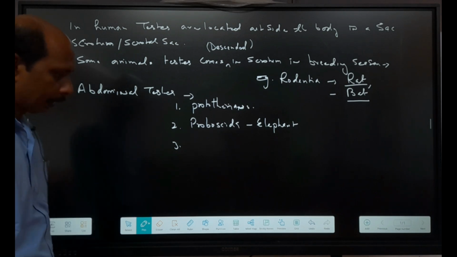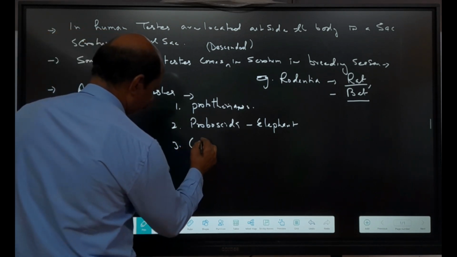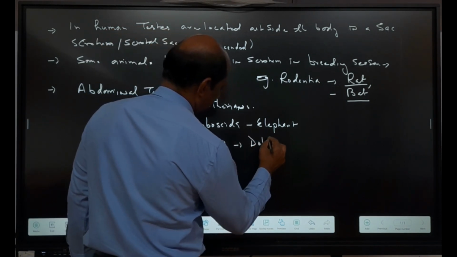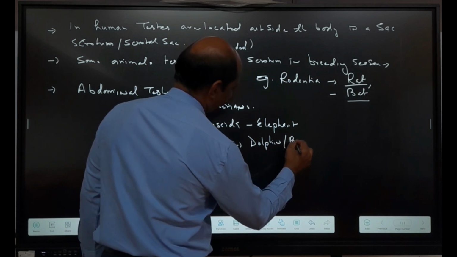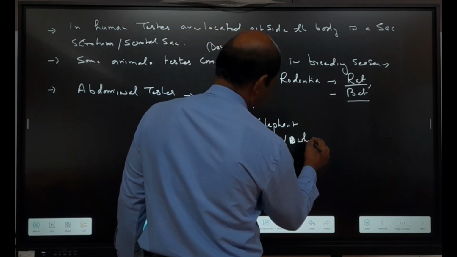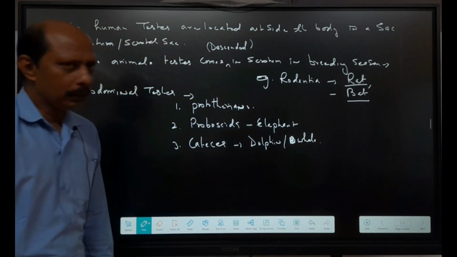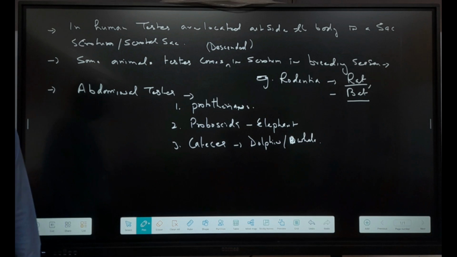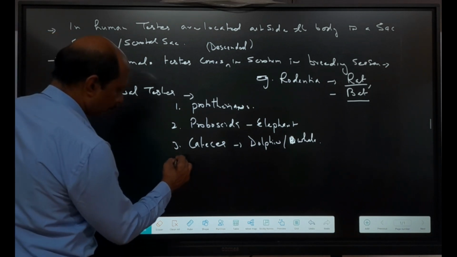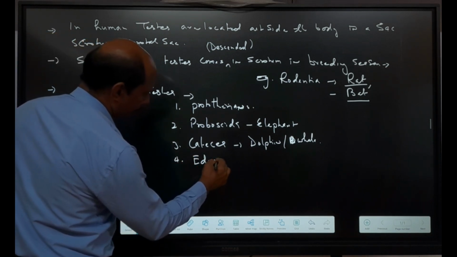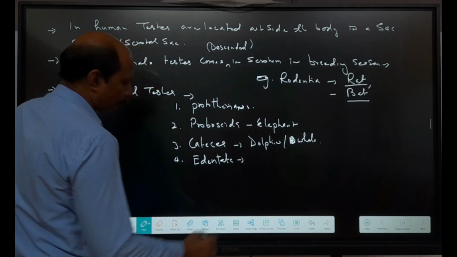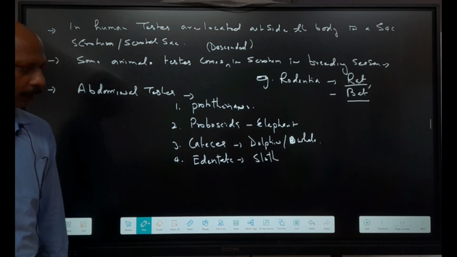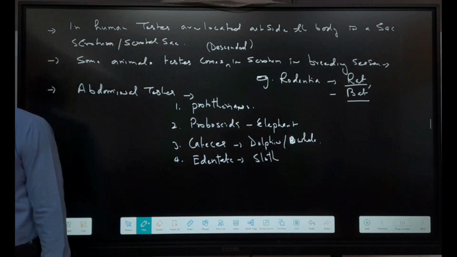The order Cetacea, as for example dolphin or whale. Other examples are also there, such as edentates, as for example sloth. They also have no scrotum, meaning the testis is present but inside the abdominal cavity.